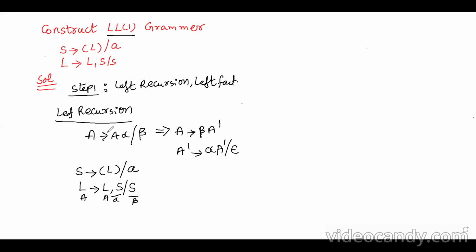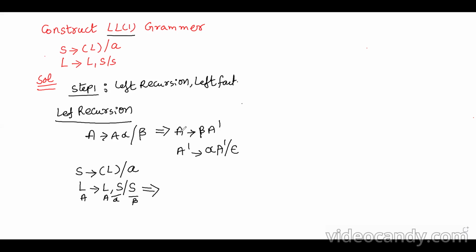According to the left recursion form, A tends to A alpha slash beta, this is there. So L is called A, comma S is called alpha, and S is called beta. Now what is the solution for L tends to L comma S slash S?